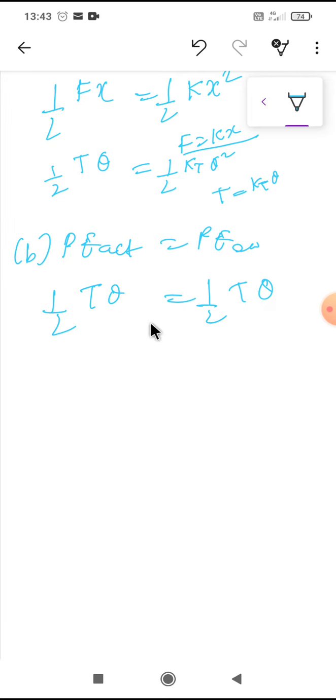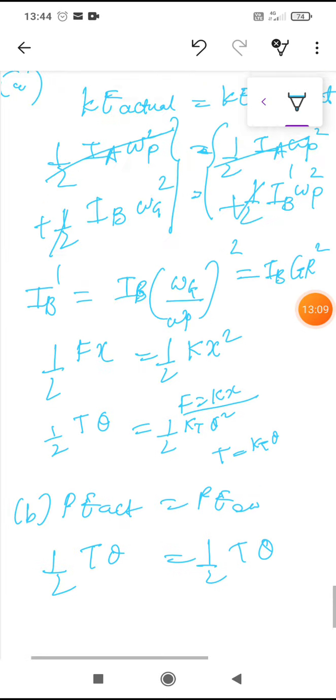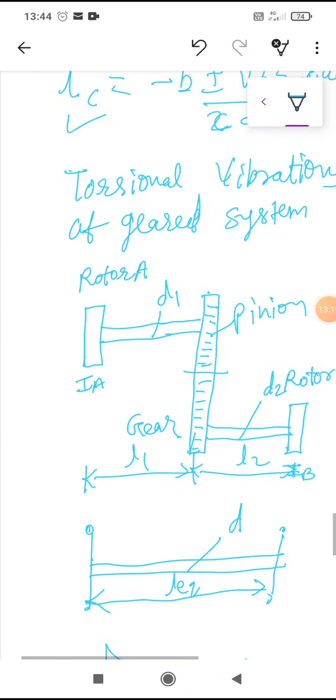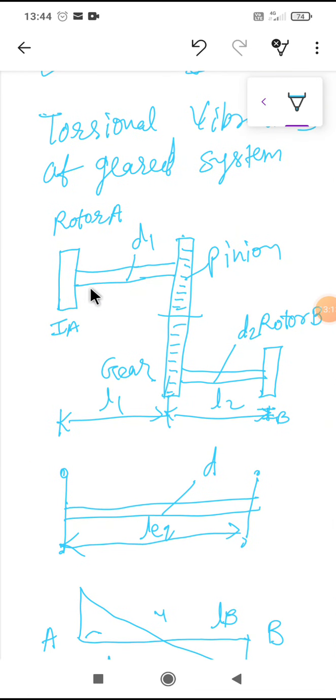Now we are calculating the potential energy of the actual system. Similarly for the first rotor, the potential energy will be the same, because there is no change in I and no change in omega p.